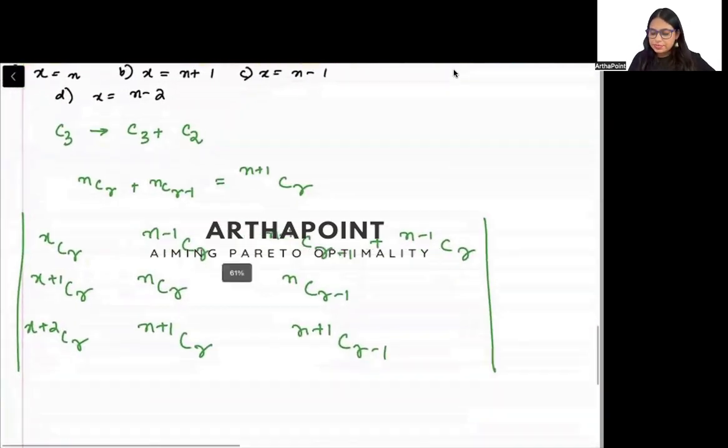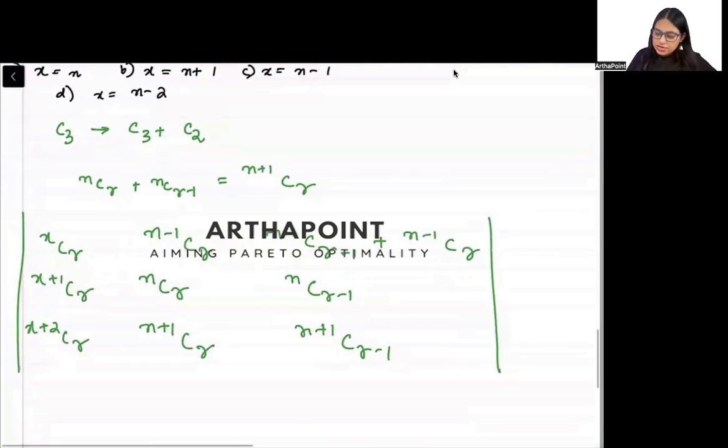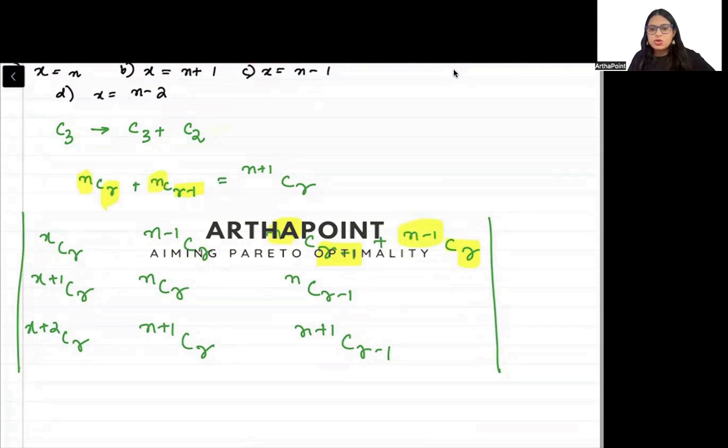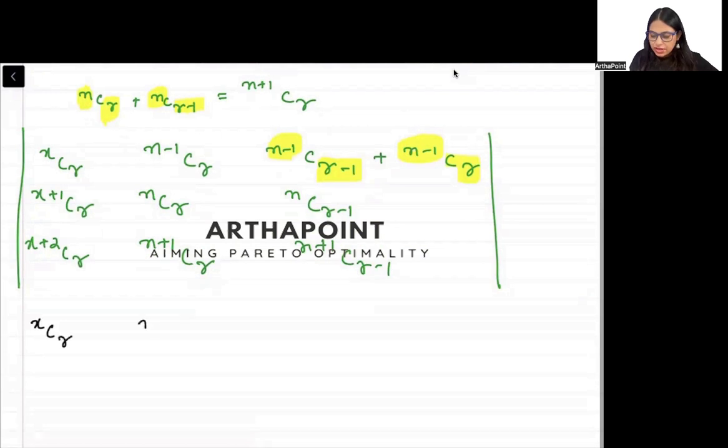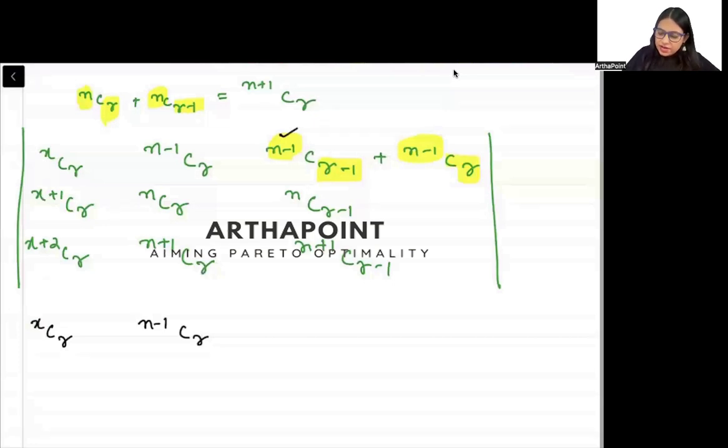Right, beta? Now this is r-1. This is r. Here I have n-1 instead of n. So what will this turn to? What will column 3 now go ahead and become? Let's write this down. So column 3 will now have xCr, n-1Cr, and this will now go ahead and it will become, this is n-1, n-1.